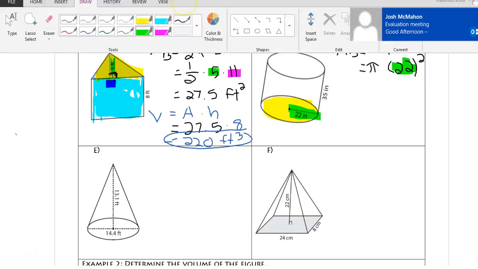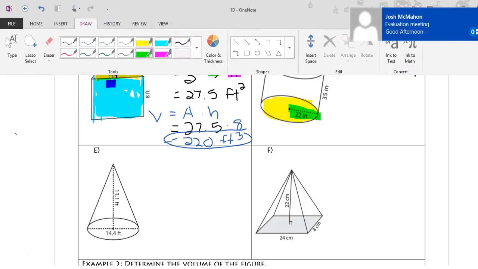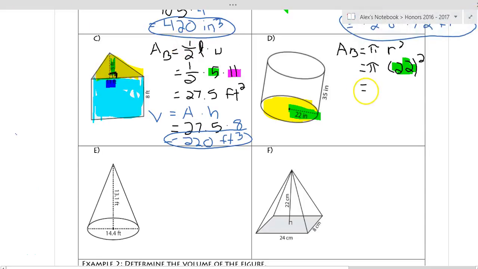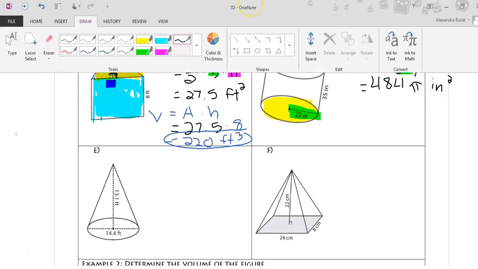When I do 22 squared, I get 484 pi. It is standard for the number to go in front of the pi. Pi is just a number, and I still need to put my units, inches squared.